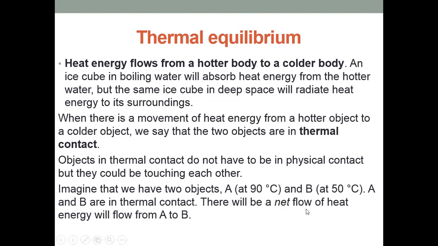Then when they reach the same temperature, say 70 degrees, the heat flow will stop. The heat flow will stop when they reach thermal equilibrium. So this is thermal equilibrium: when two bodies reach the same temperature.